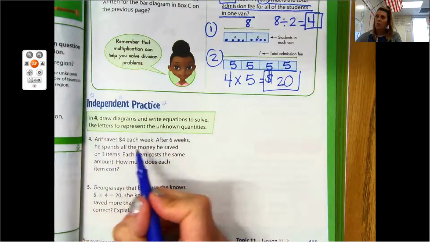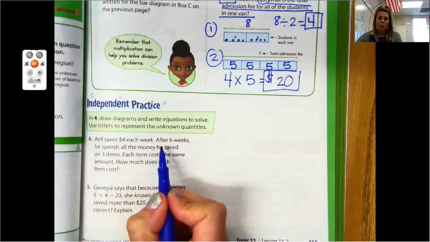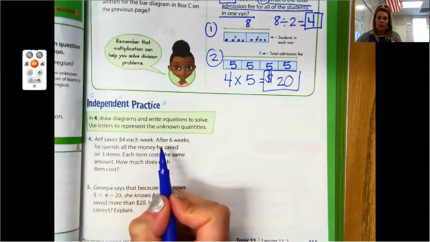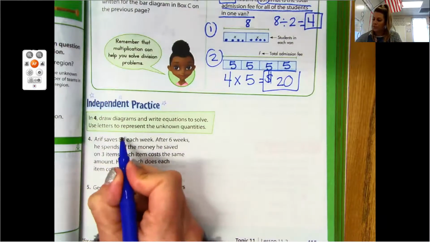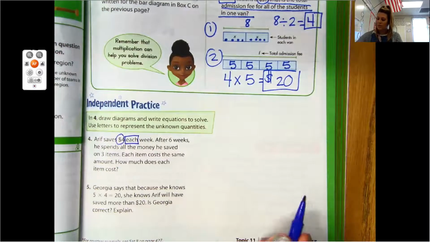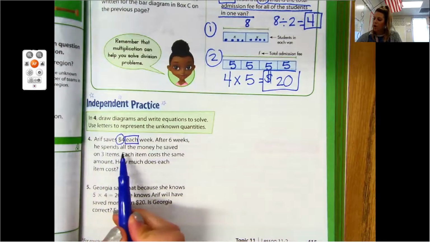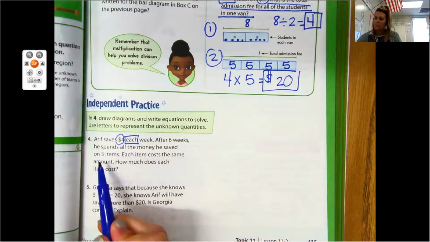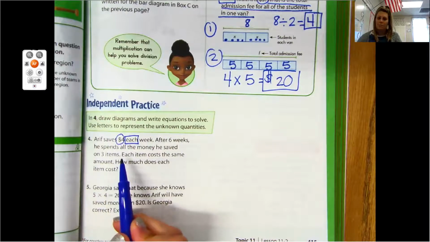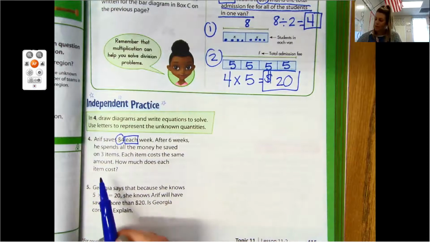Arif saves $4 each week. Oh, I'm hearing a key word. So Arif saves $4 each week. After 6 weeks, he spends all the money he saved on 3 items. Each item costs the same amount.